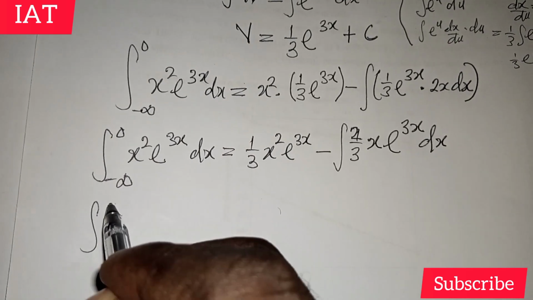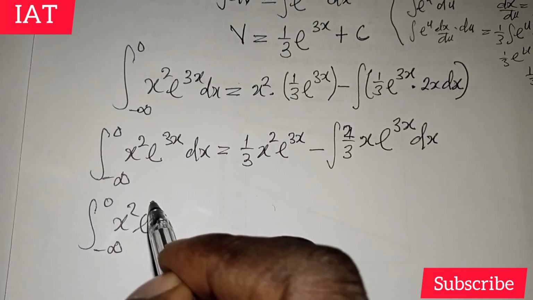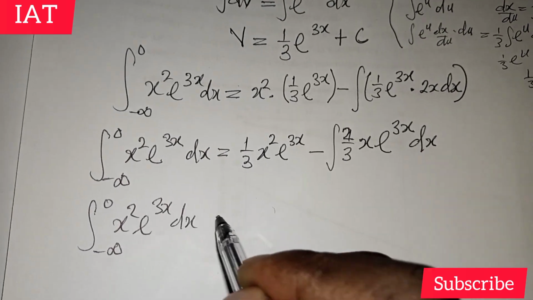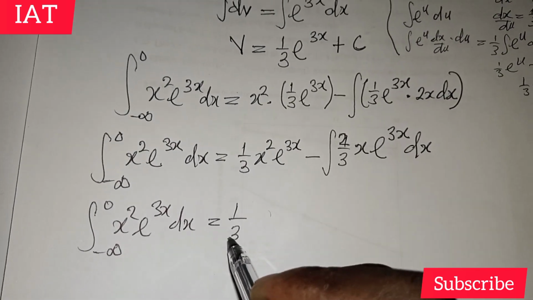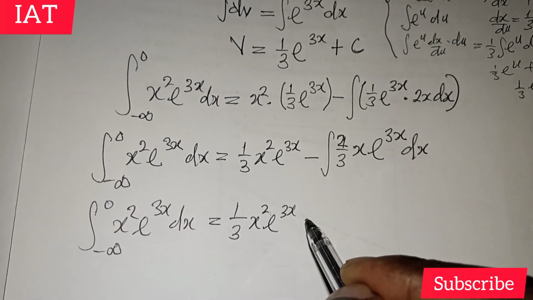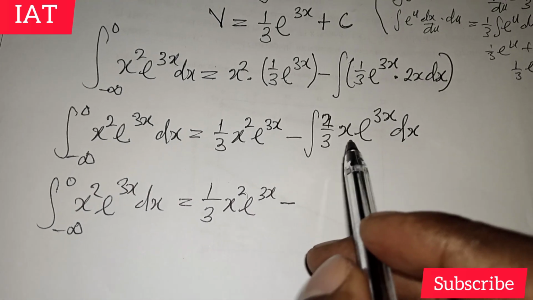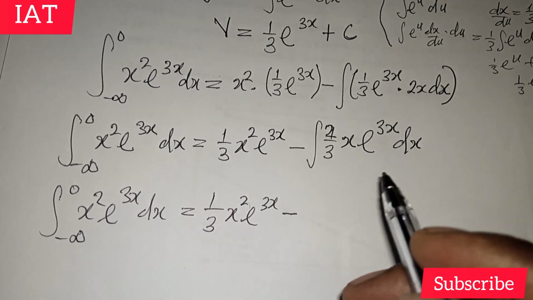The integral from negative infinity to 0 of x squared exponential 3x dx will be equal to 1 over 3 x squared exponential 3x minus, we want to take the integral of this, and this will also take the shape of integration by parts.